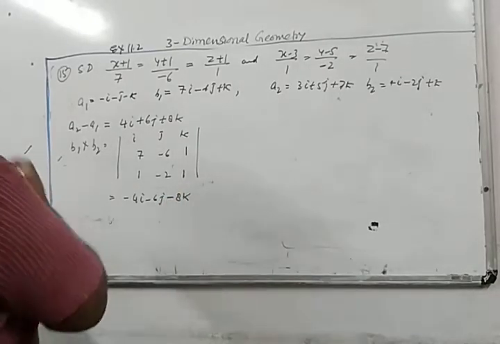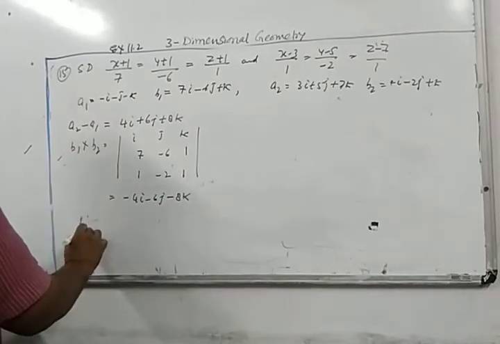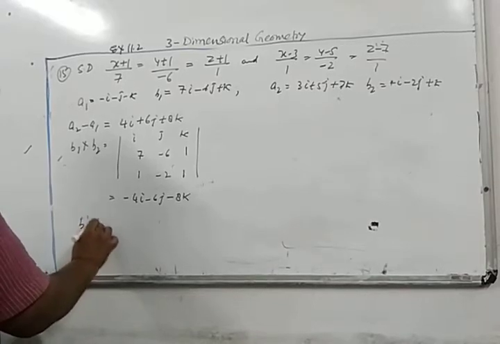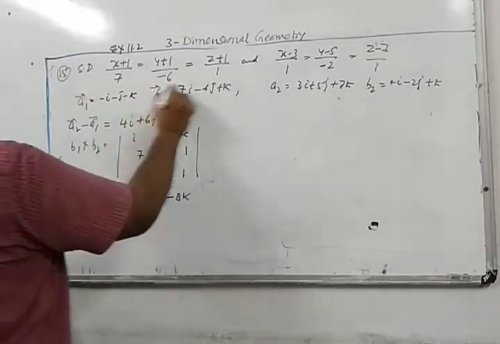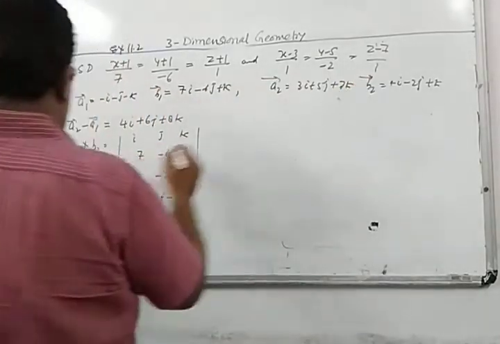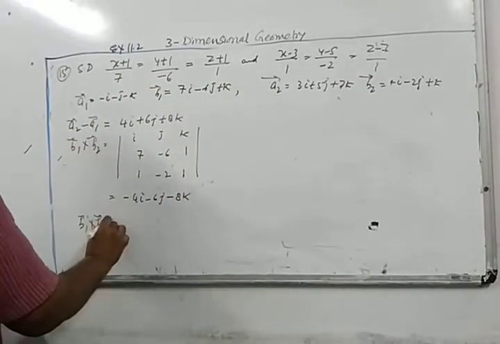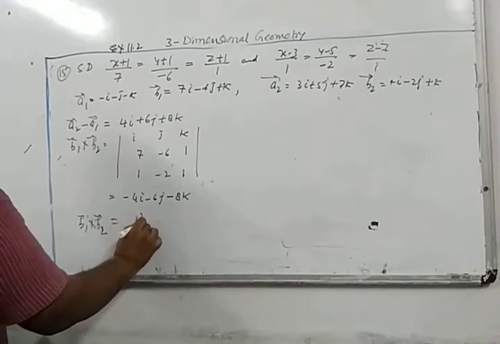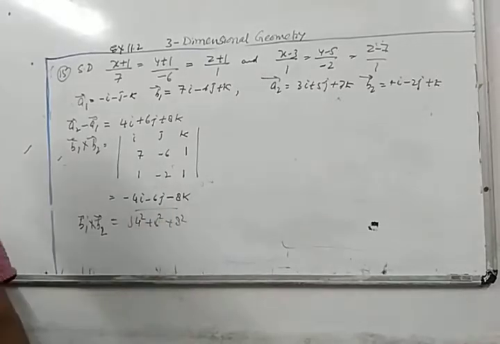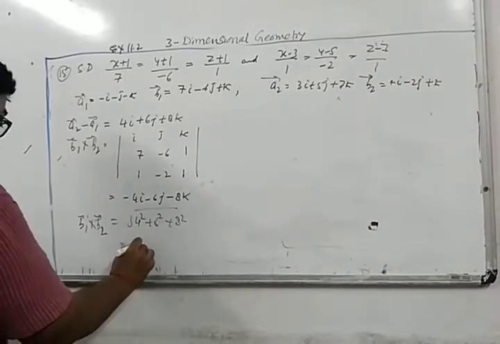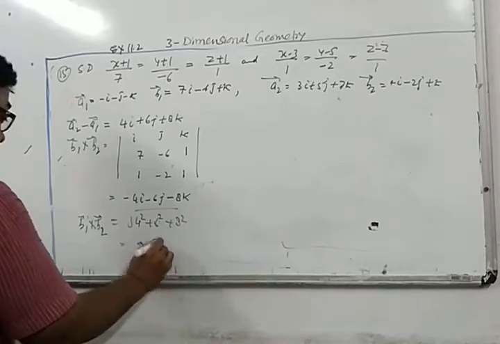After getting this, now you will find the mod of B1 cross B2, which means root of 4 square plus 6 square plus 8 square. Finally we get the value 2 root 29.